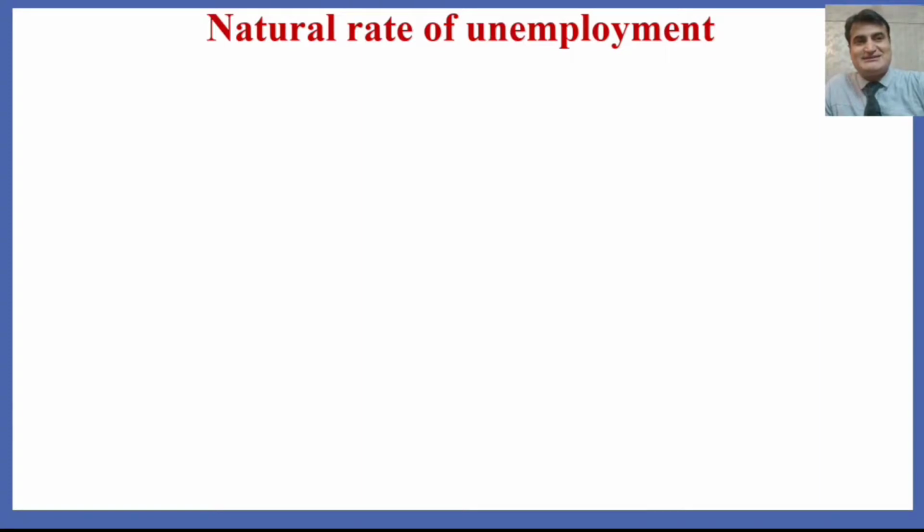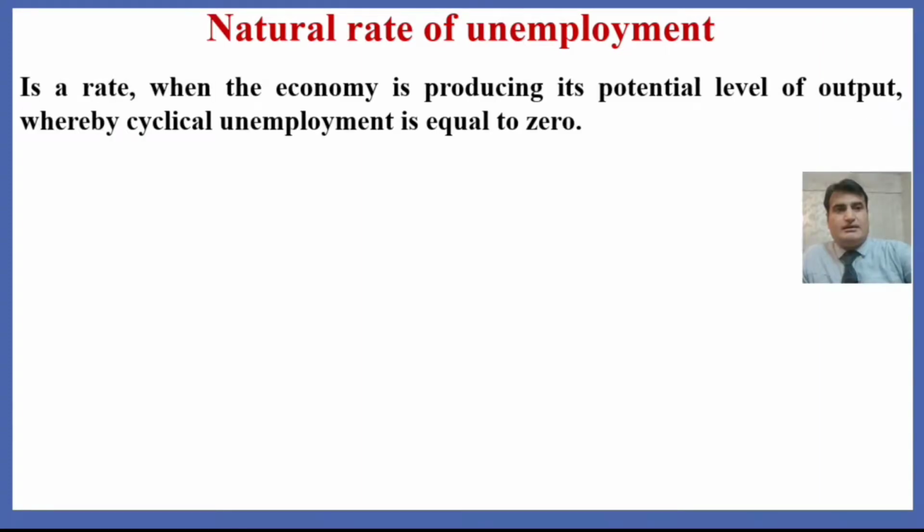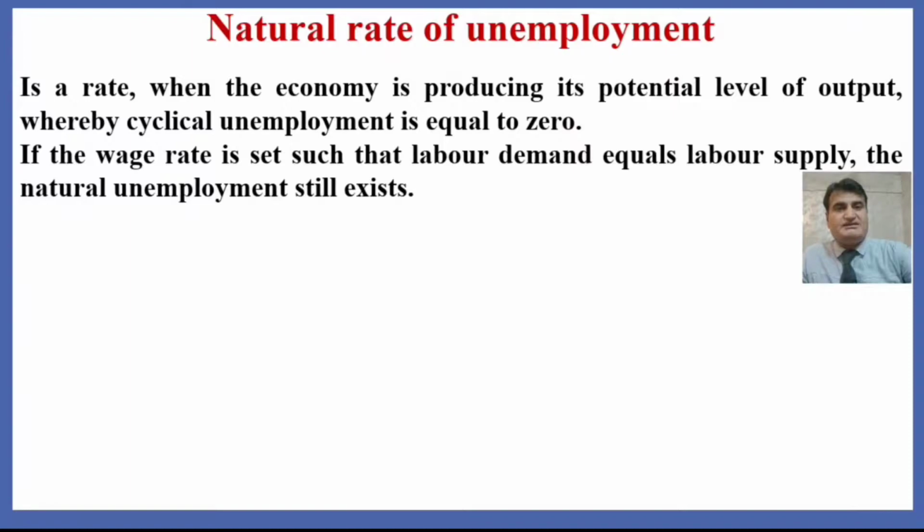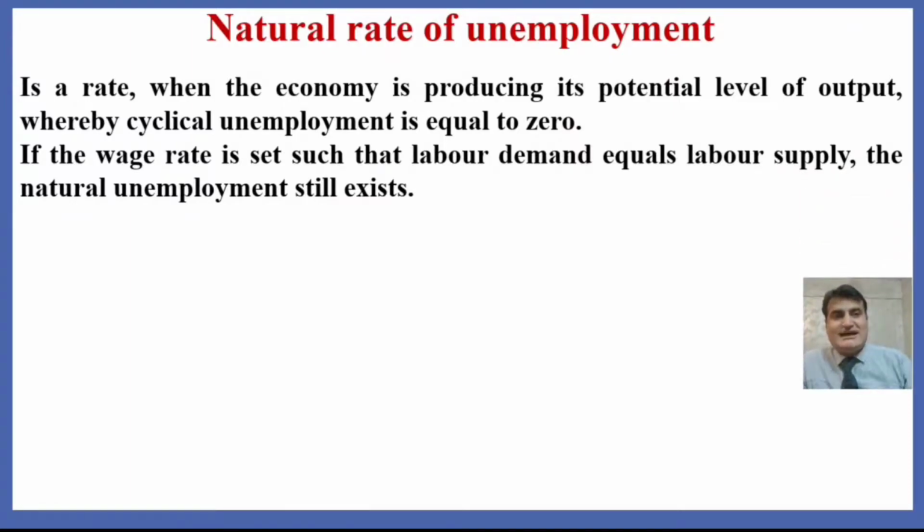So what is natural rate of unemployment? Natural rate of unemployment is a rate when the economy is producing its potential level of output, whereby the cyclical unemployment is zero. If the wage rate is set such that the labor demand equals the labor supply, the natural rate of unemployment is said to exist.